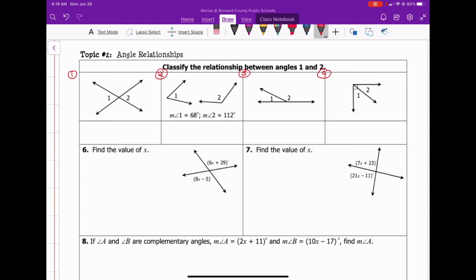So this first diagram, both of these angles, this is a display of vertical angles. Okay, so vertical angles are equal, or they're said to be congruent.